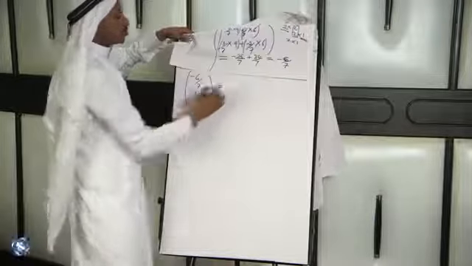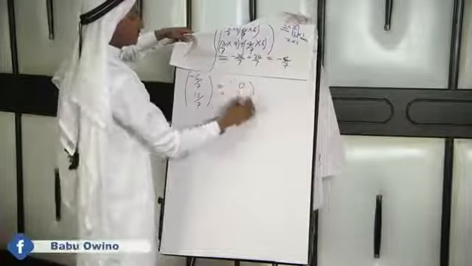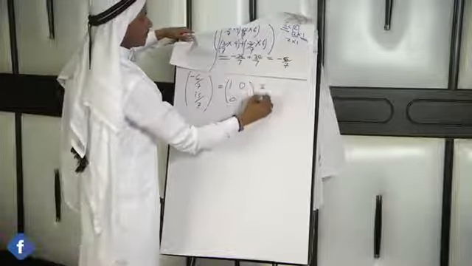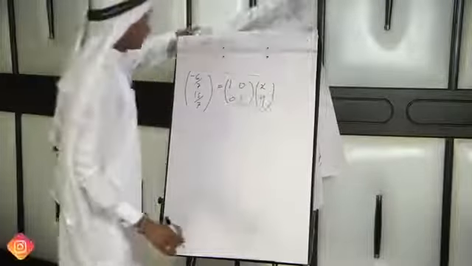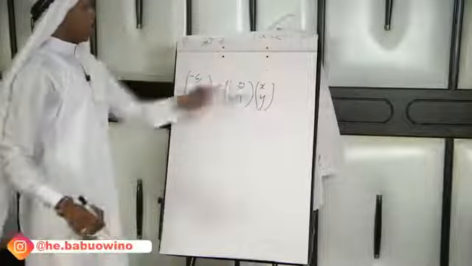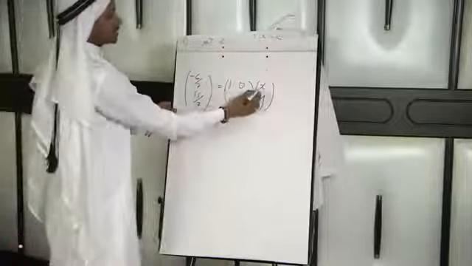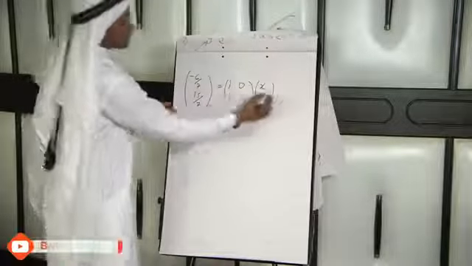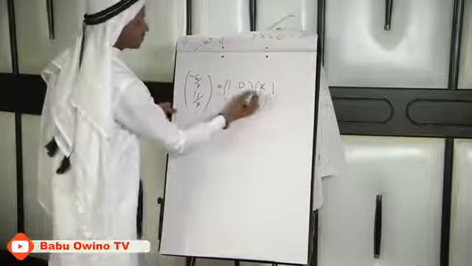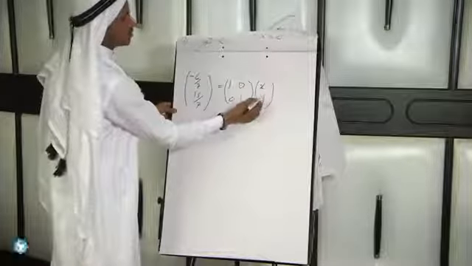which we equate to 1, 0, 0, 1, then X, Y. When you multiply this, you get 1 times X is X plus 0 times Y is 0.